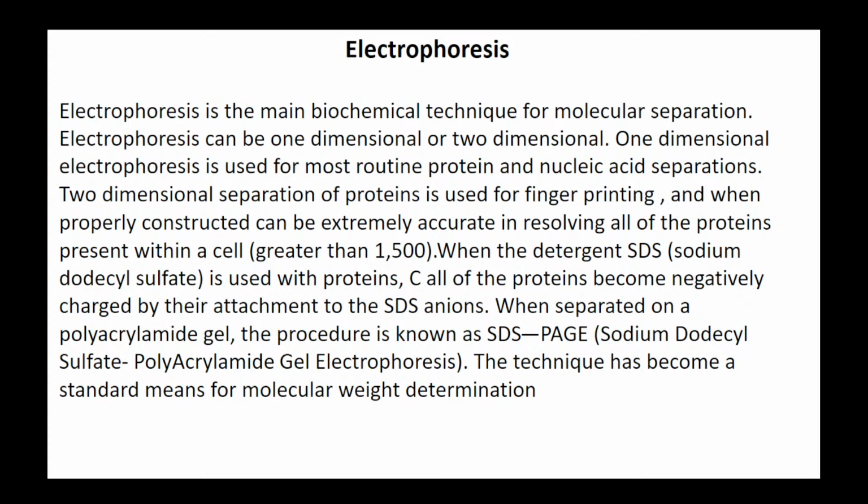We can do electrophoresis on paper, this is paper electrophoresis, but more often we do electrophoresis in polyacrylamide gel or in agarose gel. Very often we do agarose gel electrophoresis for separation of DNA or RNA, and we separate nucleic acid into fragments of different size.